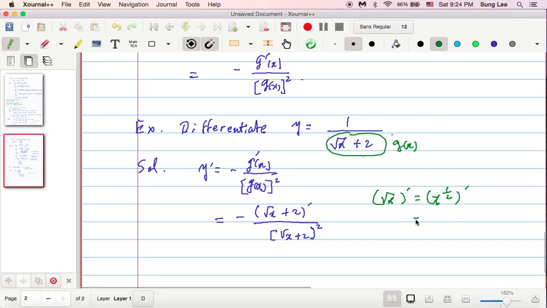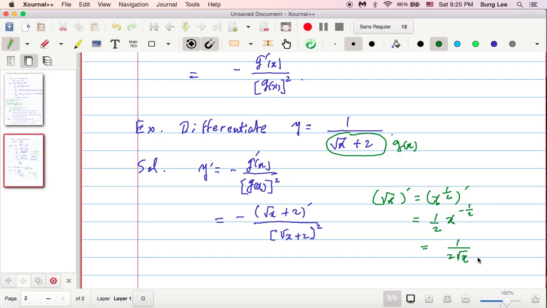So this is the form where you can apply the power rule. Using the power rule, that's 1/2 times x to the negative 1/2, since 1/2 minus 1 is negative 1/2, which can be written as 1 over 2 times square root of x. So you can always do this.